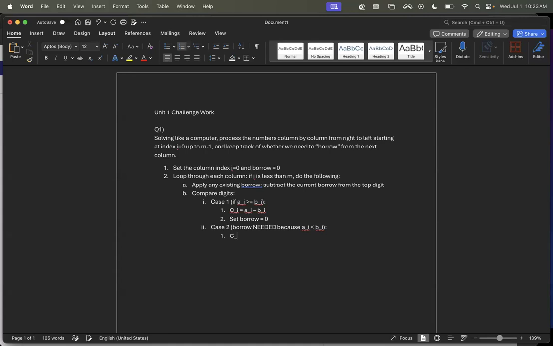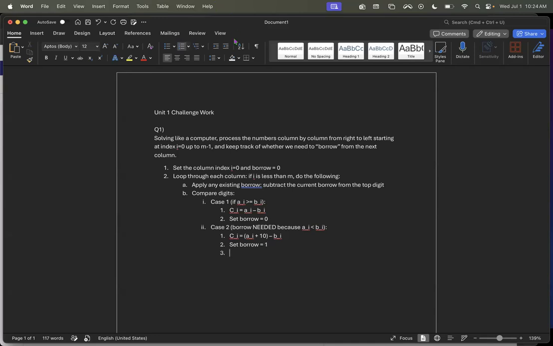You're going to say c sub i equals a sub i plus 10, right? Because when you borrow from the next column over, you're essentially bringing a 10 over. So 2 minus 9, if you borrow a 1 from the next column over, becomes 12 minus 9, minus b sub i. This is just basic subtraction, we're just laying it out algorithmically. Then you're going to set borrow equal to 1.